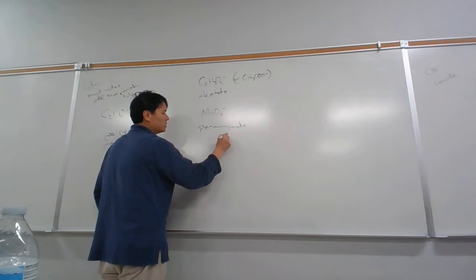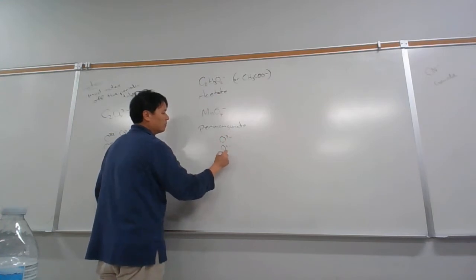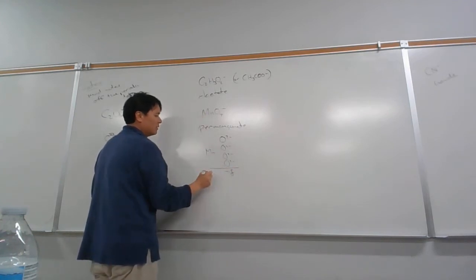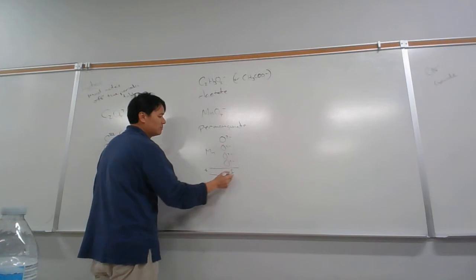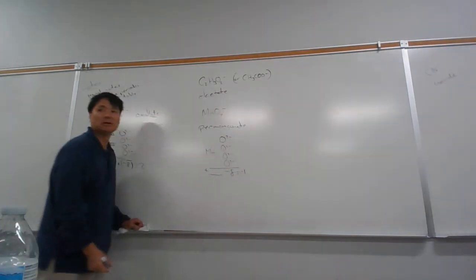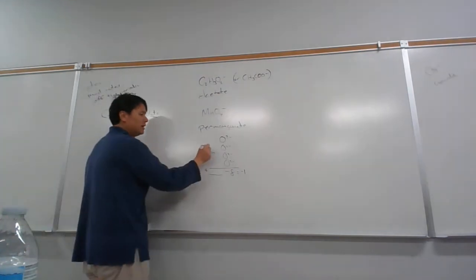So I have 4 oxygens, which is going to give us -8, and 1 manganese. So that's going to be plus something, and this has got to equal the net charge of -1. So this has got to be manganese 7.